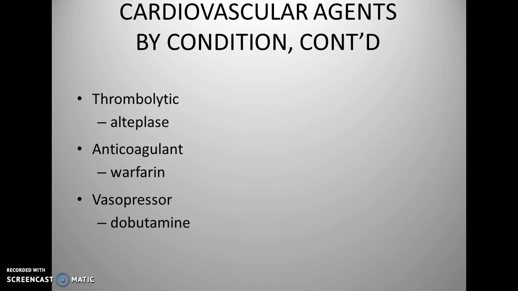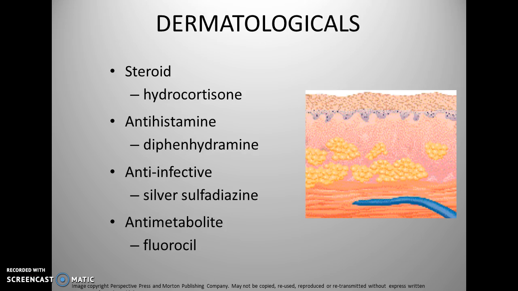These are two major drugs that are anticoagulants. Your vasopressor acts to increase blood pressure, and an example of that is dobutamine. Okay, so you should be familiar with these different types of drugs.